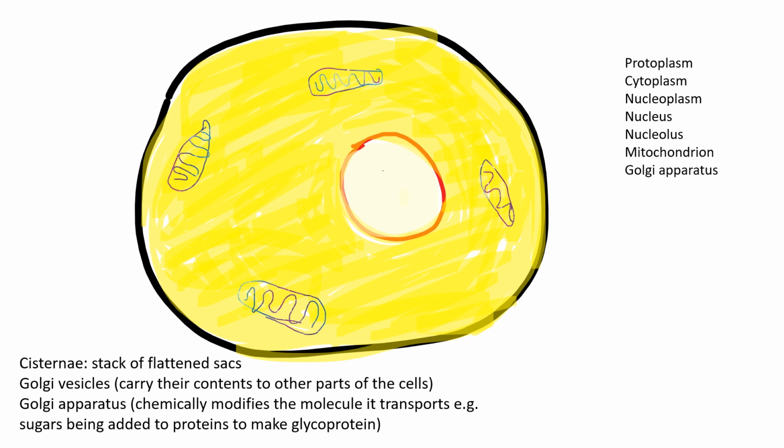Okay, now Golgi apparatus are single membrane structures, and they are present inside the cytoplasm like this. They are actually stacks of flattened sacs. The sacs are flattened and stacked together. They are not attached to the cell membrane.